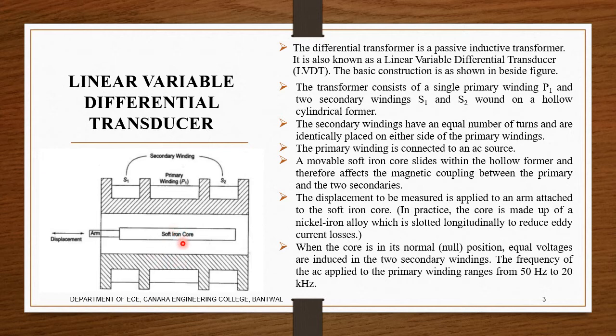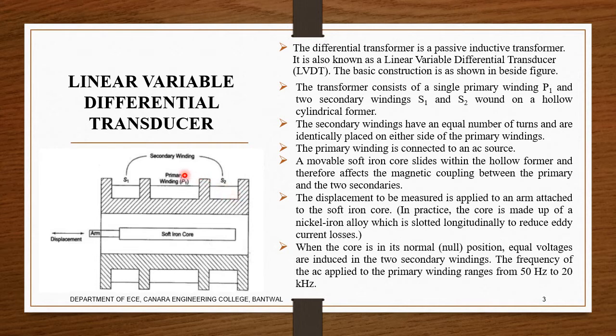The output of the secondary winding S1 is ES1, the output voltage. Similarly, for the S2 winding, the output voltage is ES2.